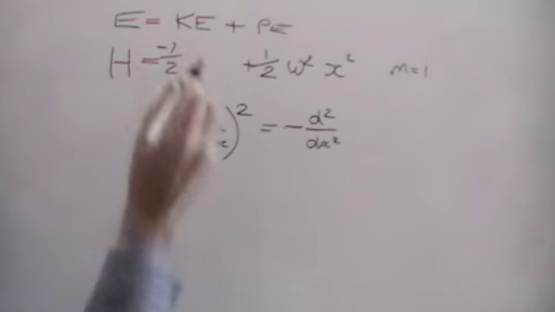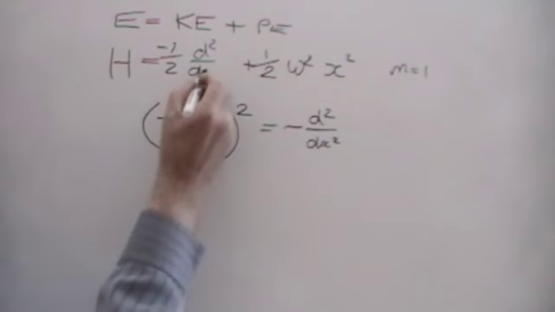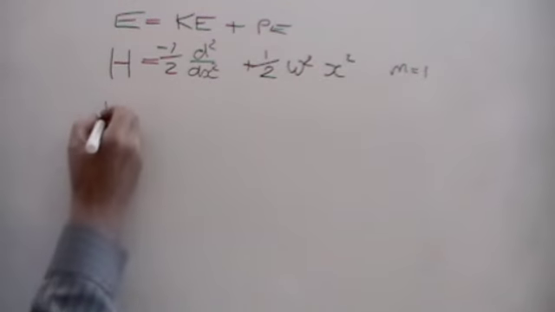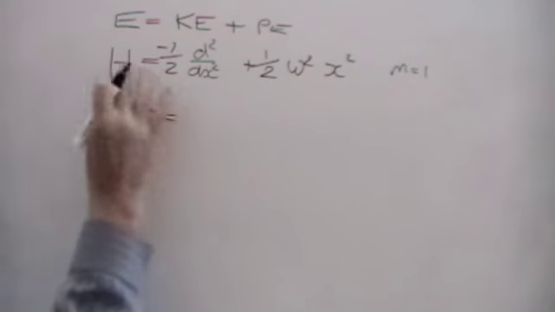Oh, and indeed it's minus a half d2 by dx squared, and then plus a half omega squared x squared. So if I now allow h to act on psi, then h is this.